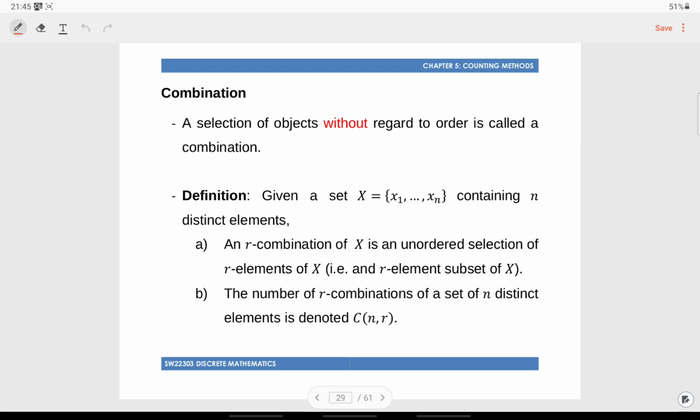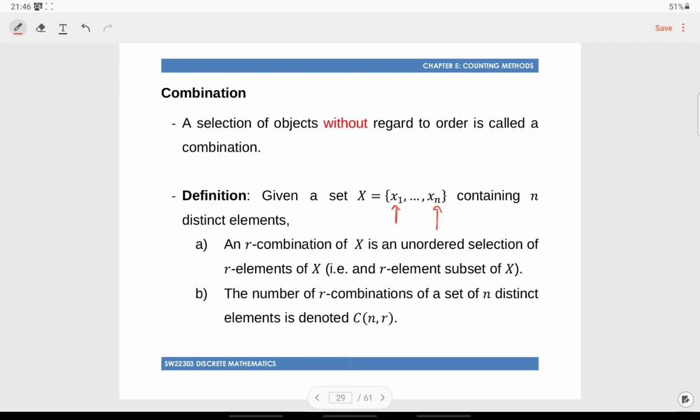Given a set X that contains x1 up to xn, so this set contains n distinct elements. An r-combination of X is an unordered selection of r elements of X. That is an r-element subset of X. And the number of r-combinations of a set of n distinct elements is denoted by C(n, r), just like the r-permutation denoted by capital P(n, r).